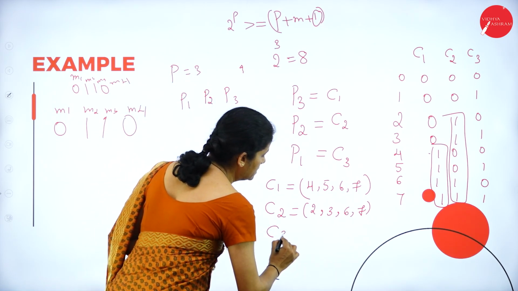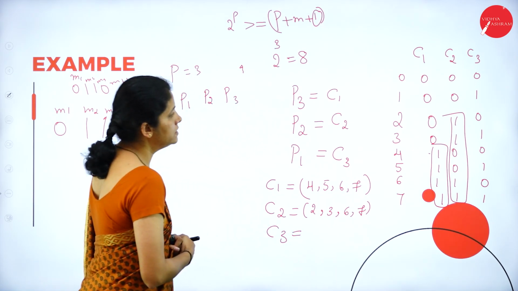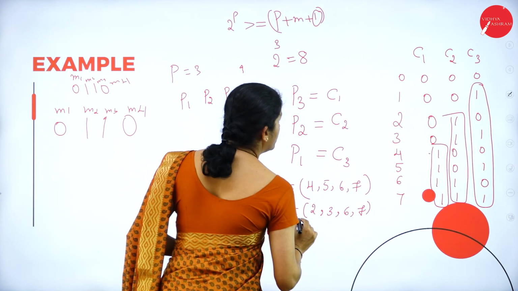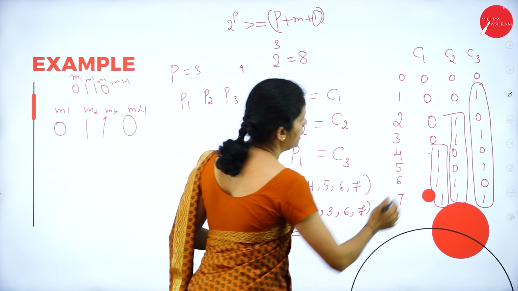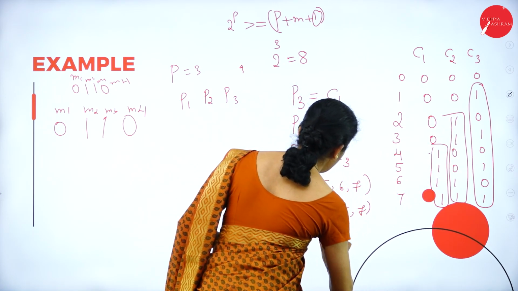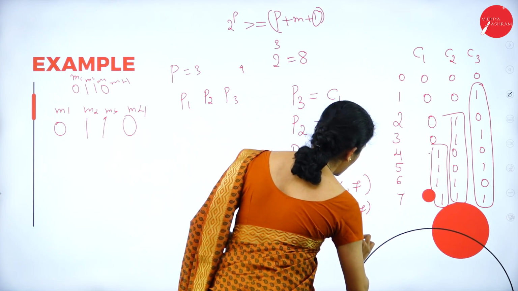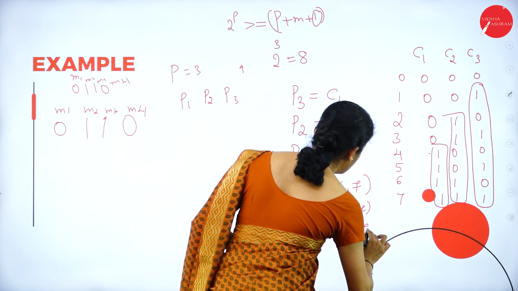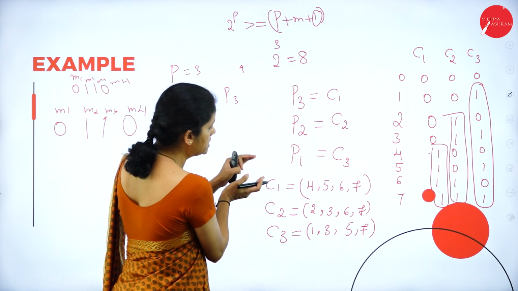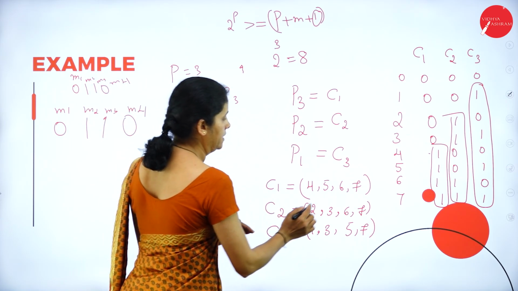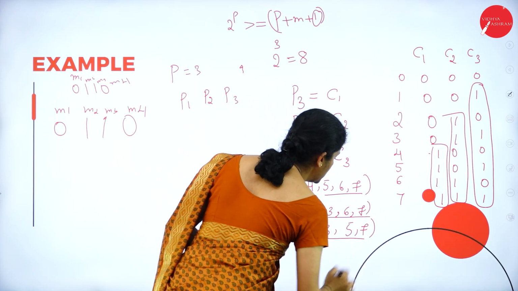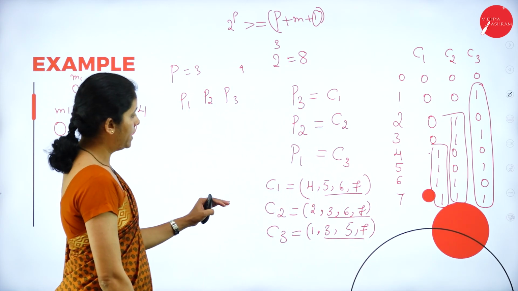And if I consider C3, wherever it is 1, that is 1, 3, 5 and 7. And if I consider C1, C2 and C3, see here, this one is repeating, and this one is repeating.